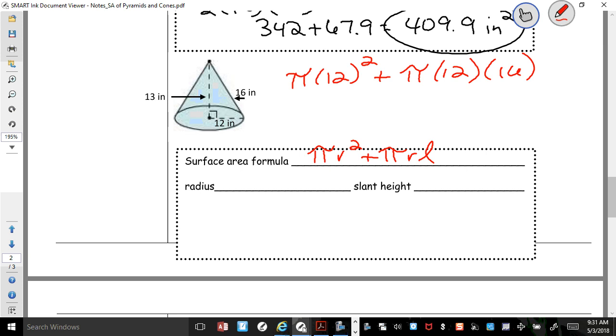All right, in your calculator, 12 squared is? 144. And what's 12 times 16? 192. What's 144 plus 192? 336.